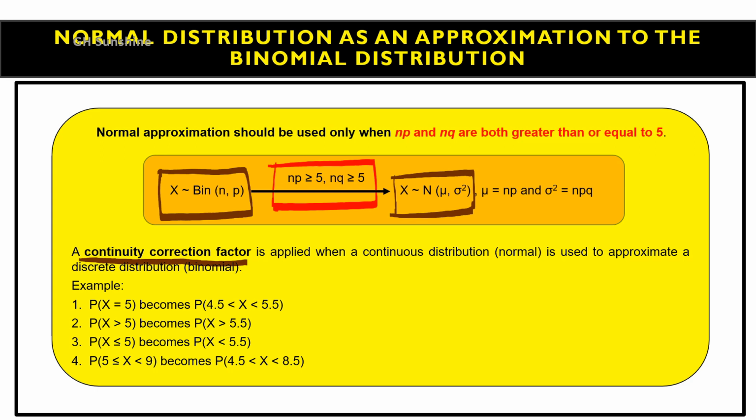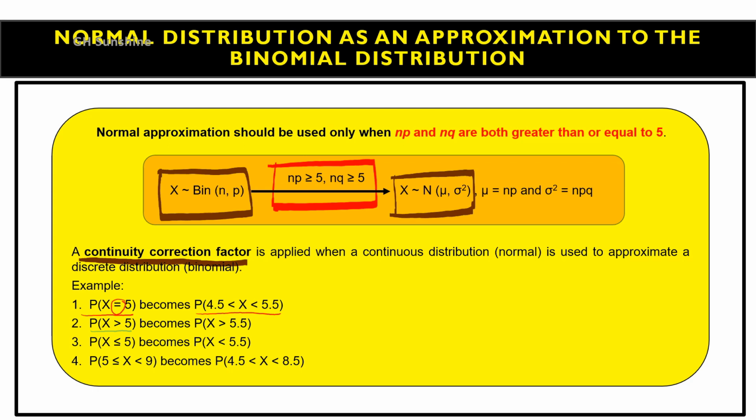So look at here. First example, the original question, x equal to 5, so equal sign. For continuous or normal distribution, we can't solve this question. So you have to apply the continuity correction factor. Therefore, plus 0.5 and minus 0.5, like that. Second example, x greater than 5 means start from number 6.